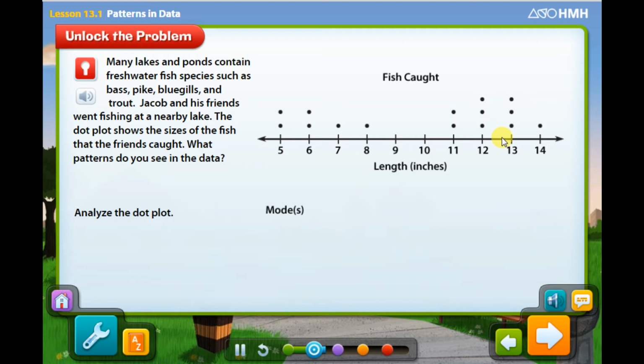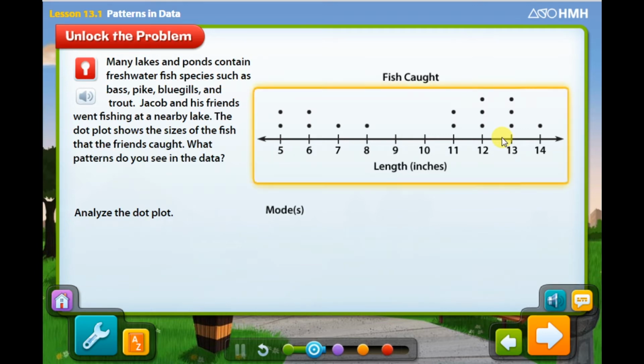You can use the dot plot to determine the mode of the data. Remember, the mode is the value that occurs most often in the set of data. How does a dot plot show the mode or modes of data? If the data have one or more modes, they're represented by the highest column or columns in the dot plot. Do the data have any modes? What is the number that happens most often here, which has the highest column? Yes, we have 2 modes, 12 and 13.